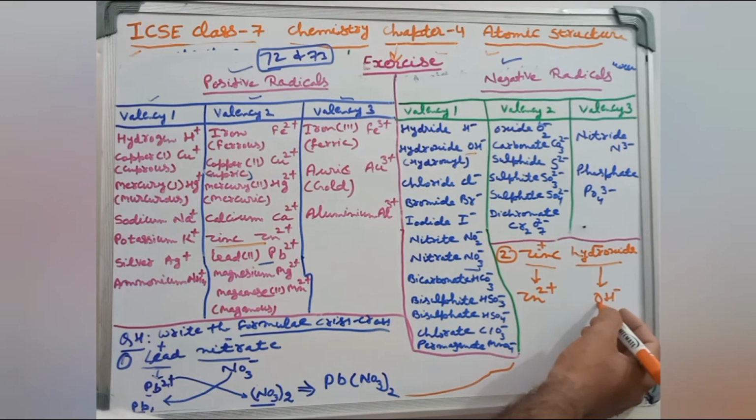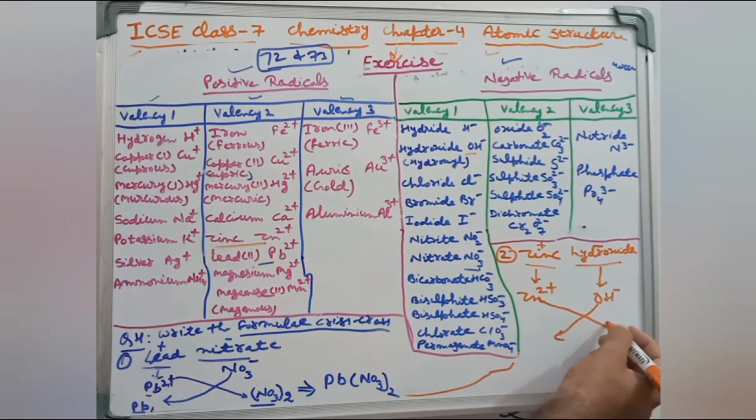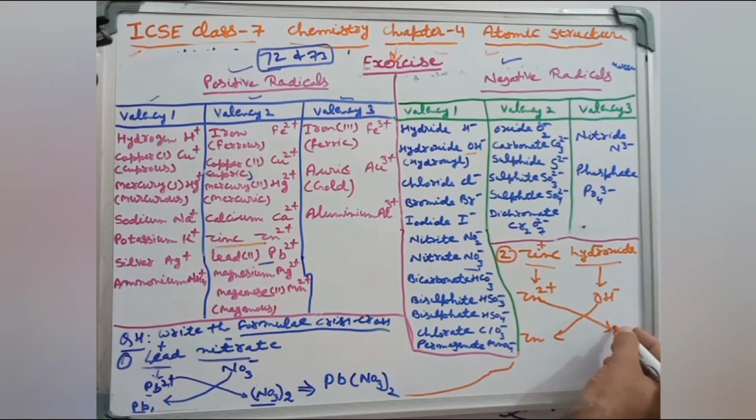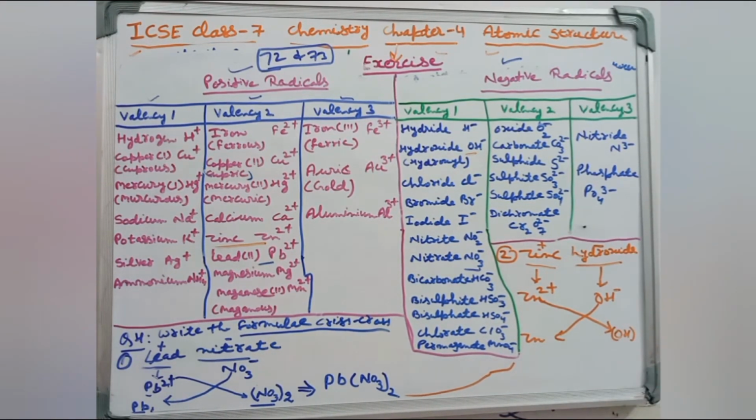We will draw the crisscross here and here. Write them without their valency. Zn here, OH here, OH in a bracket. Now this valency of Zn will go outside the bracket.